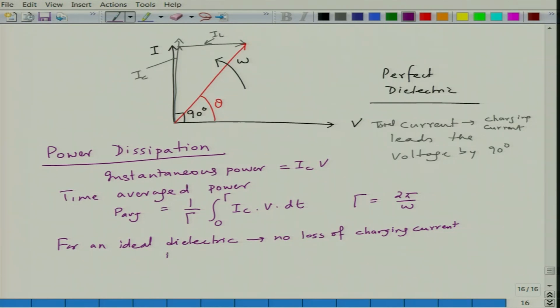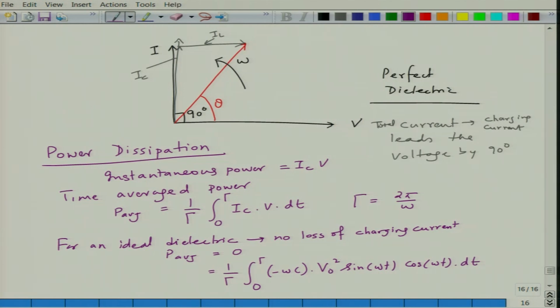The power dissipated must be equal to 1 over the time period, integrated from minus omega C V naught squared sin omega t cos omega t dt, which is equal to 0.